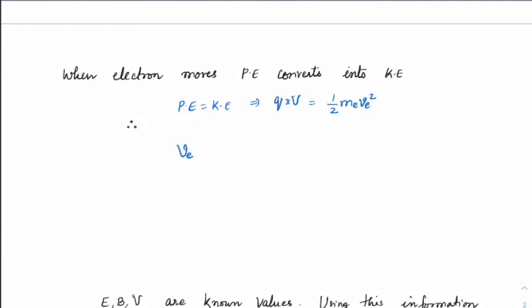So v_e, the velocity of an electron, squared will be equal to 2q into potential difference divided by m_e. And we just learned that the velocity v_e can be written in terms of E and B. So (E by B) whole squared is equal to 2qV by m.